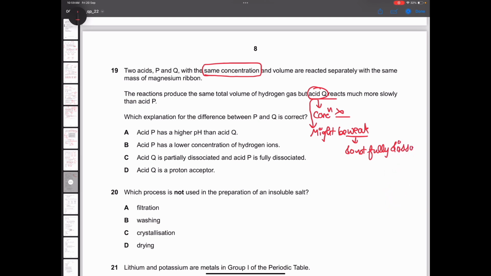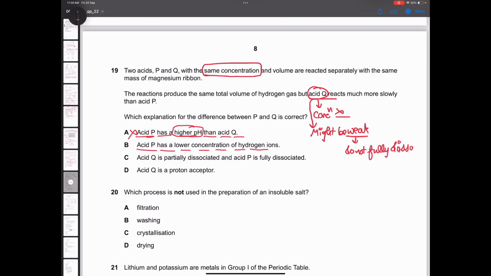Strong acids dissociate completely in aqueous solutions, but weak acids do not. Option A: acid P has a higher pH than acid Q. Higher pH means weak acid, but acid P is not weak, acid Q is weak. Option A is incorrect. Option B: acid P has a lower concentration of hydrogen ions.